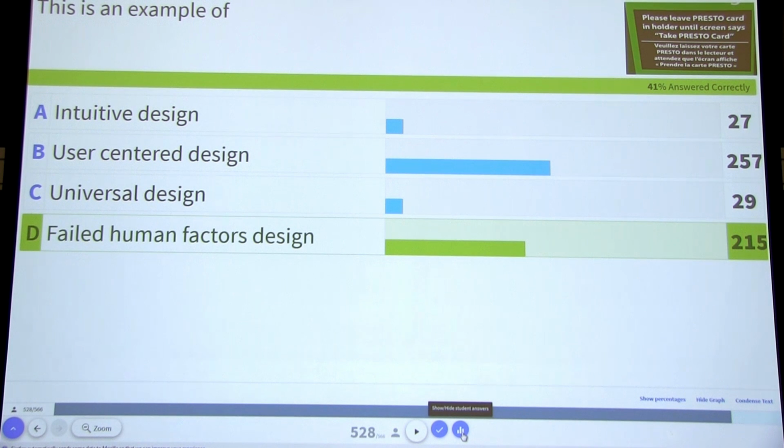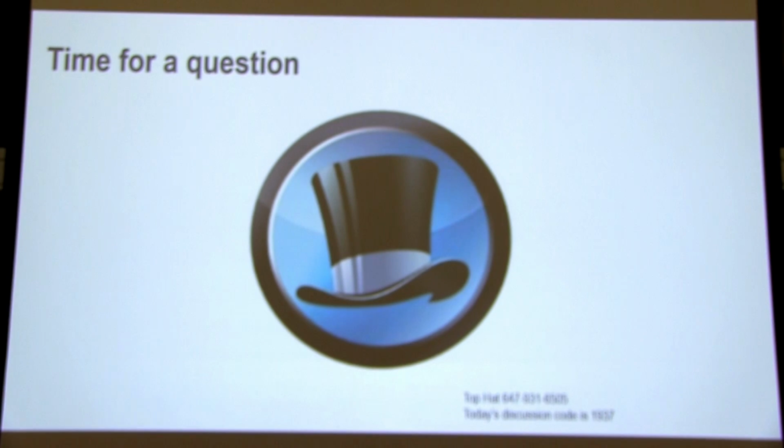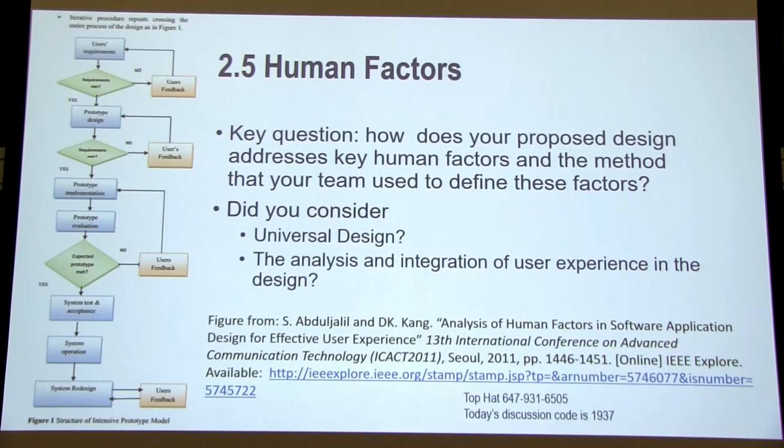So they were trying to incorporate universal design, but not user-centered design. And I'm glad I asked that, because it means that now you know that when you are answering the questions in human factors, don't just slap in user-centered design because you think, oh, that's the right answer. If you haven't used user-centered design, then you haven't used it.